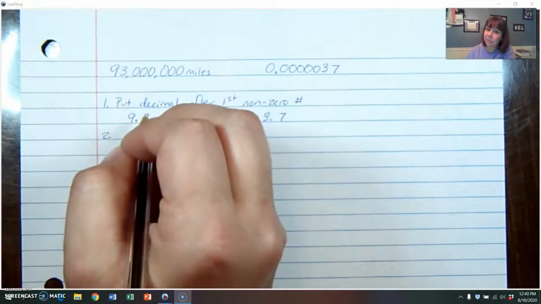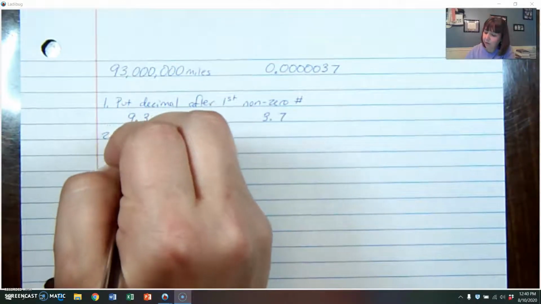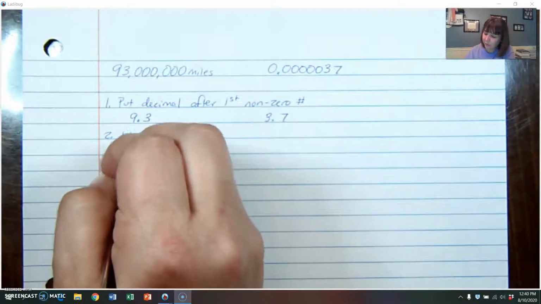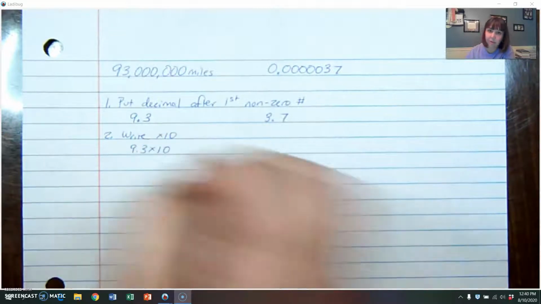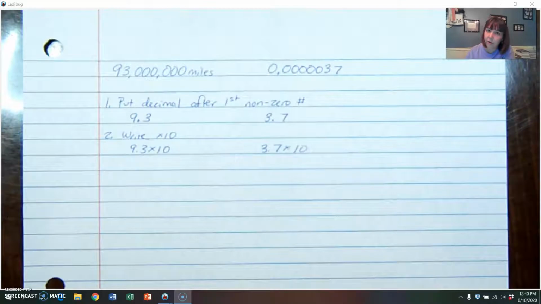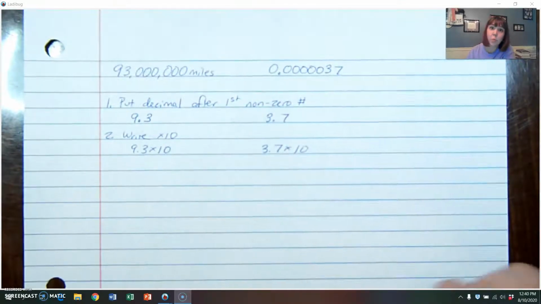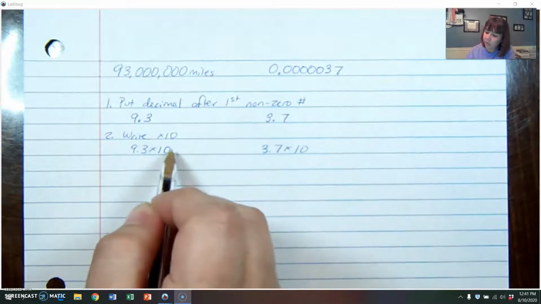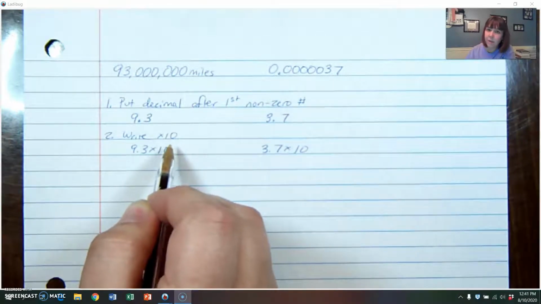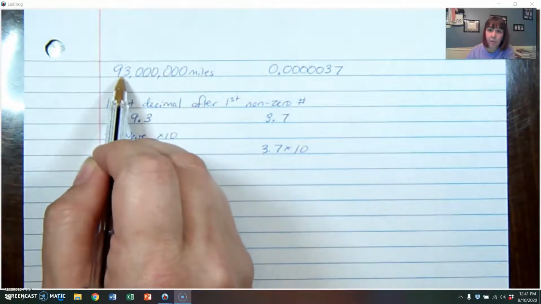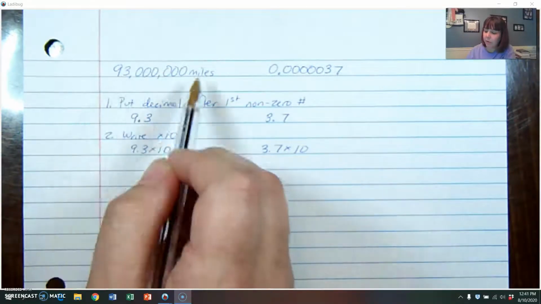Step 2 is just very simply write times 10 to the whatever. So 9.3 times 10 to the whatever, 3.7 times 10 to the whatever. And now the question is, what do we do at times 10 to? The number that's going to go in this exponent is how many times we had to move our decimal from where it was originally to where we put it after that first non-zero number.